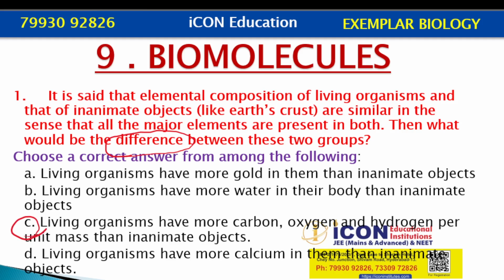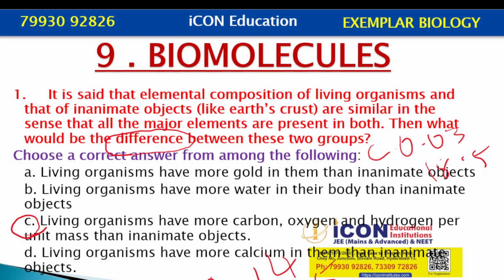Why? Because we know that in the table it is given, carbon in the earth crust is 0.03% and in the human body it is 18.5%. Similarly, hydrogen in the earth crust is 0.14% and in the human body it is 0.5%.